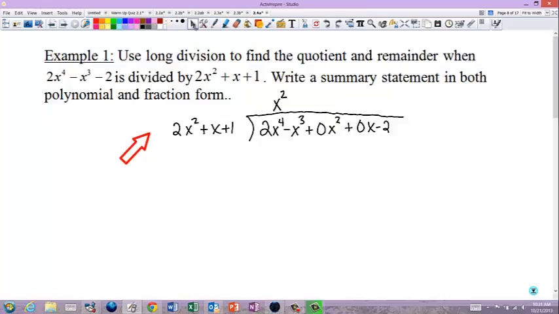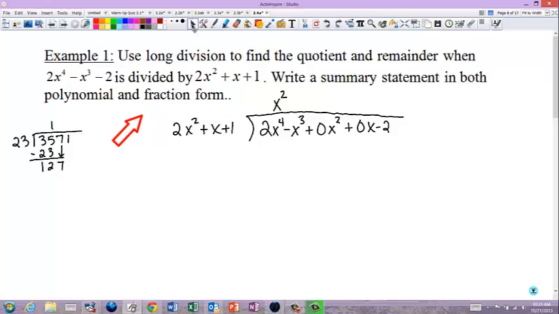Now I have to multiply this back: x squared by 2x squared plus x plus 1. This is very similar to back in the day when you divided. You would look at just the first ones and say, how many times does 23 go into 35? 1 times 23 is 23, and you would subtract all the way across, get 12, and drop your 7.